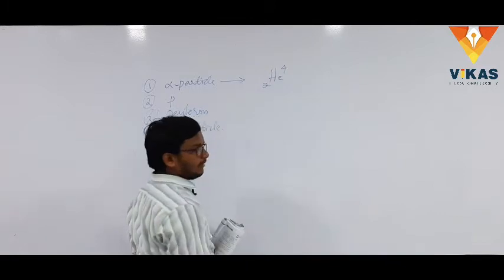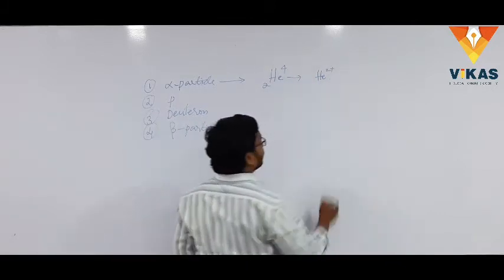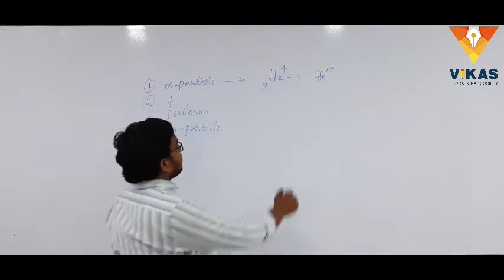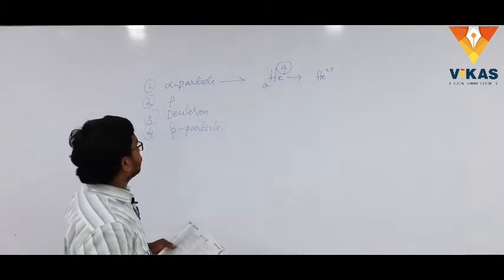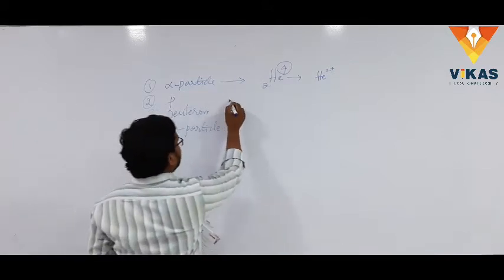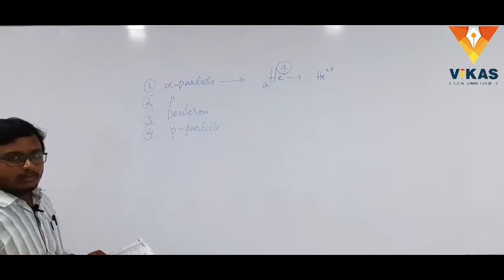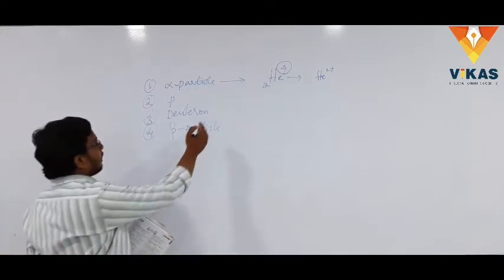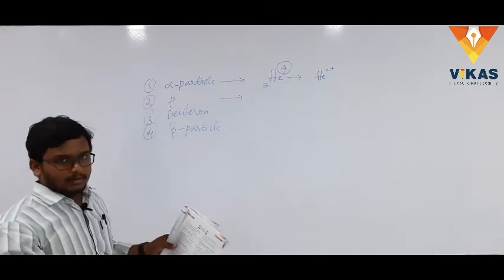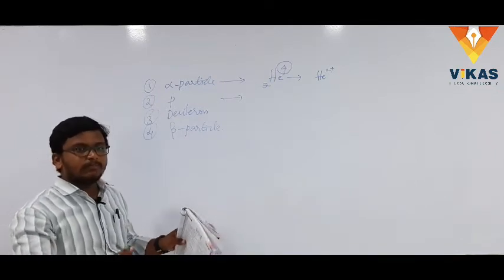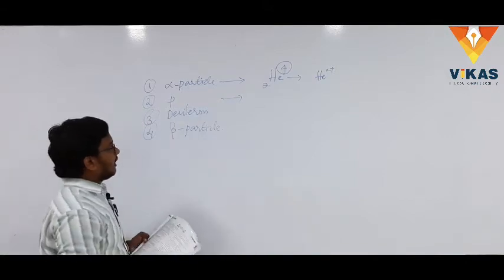Helium-4 with 2 electrons removed, which means He2 plus. That means what is the mass number of the alpha particle? It is 4. And for the proton, the mass number, which is nothing but the number of protons plus the number of neutrons, is relatively 1.